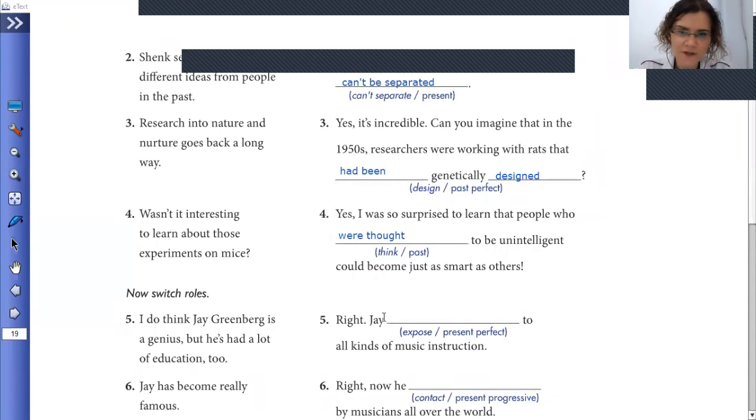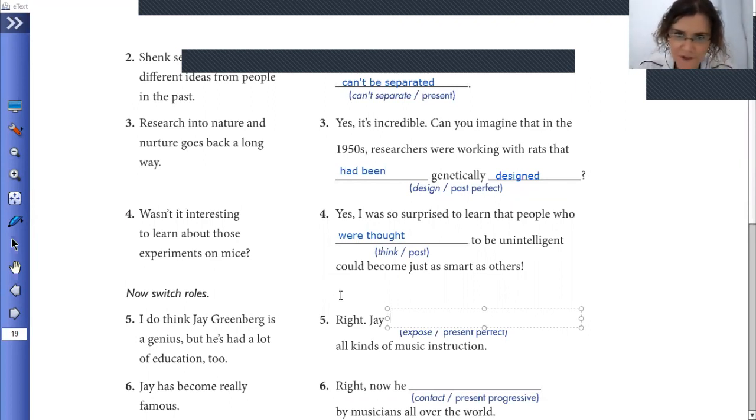Now we go to expose and present perfect. I want to ask Nicholas William. Nicholas, are you there? Yes, miss. Oh, your voice is super tiny. Okay, you speak louder. Can you do that one? Number 5? Okay.